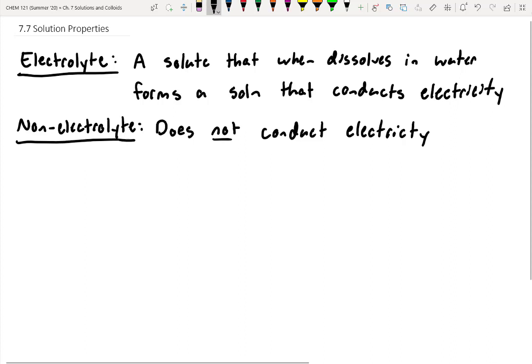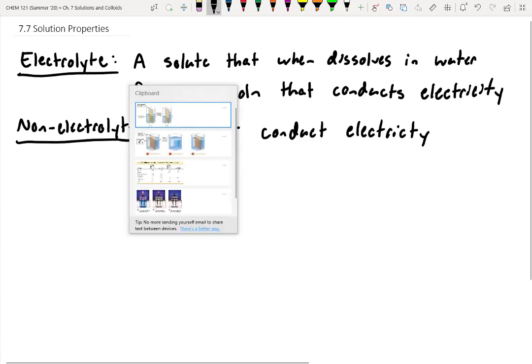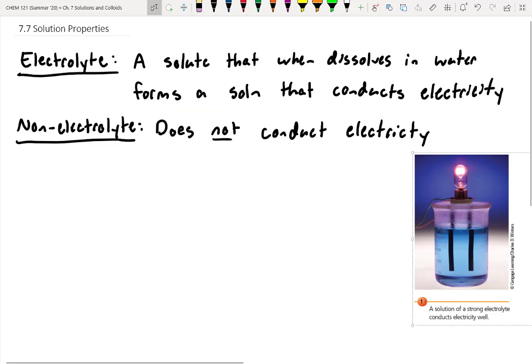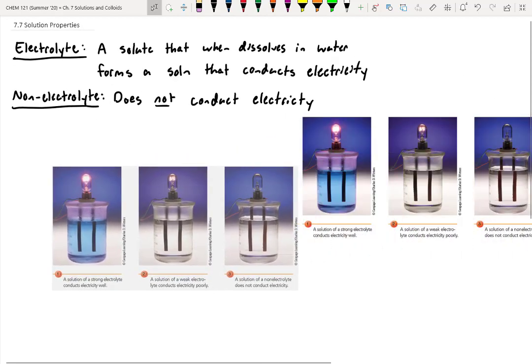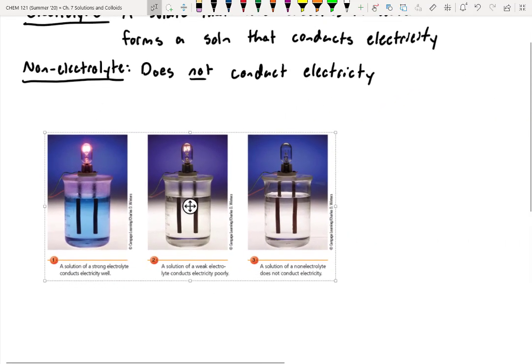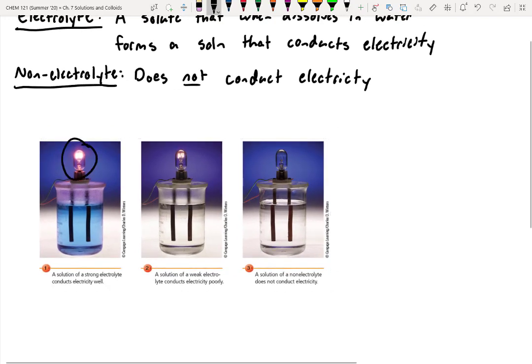All right, so let's take a look at an image here that I think does a pretty good job of showing what I mean. And this is an image just from our textbook. Over here on the left-hand side, you can see this light bulb turning on pretty strongly. So this would be classified as a strong electrolyte solution.